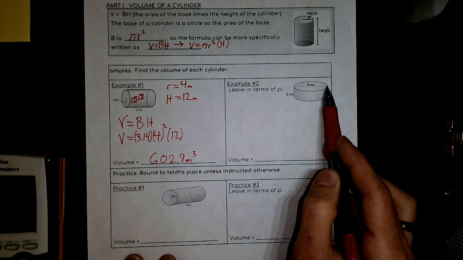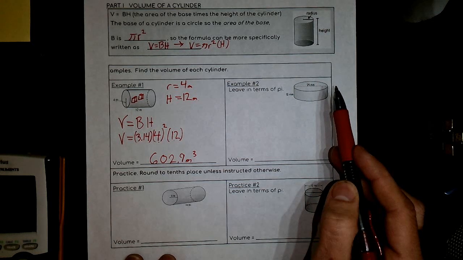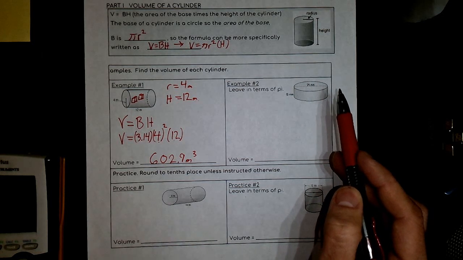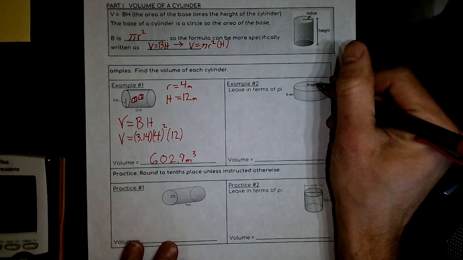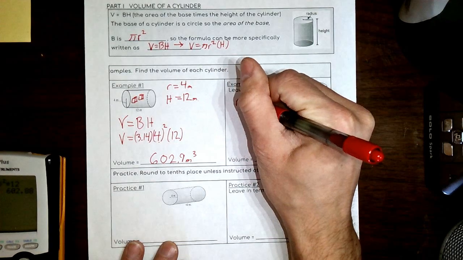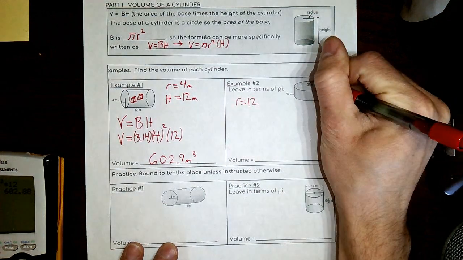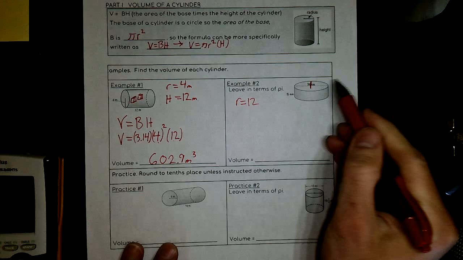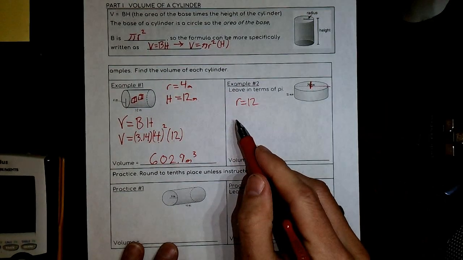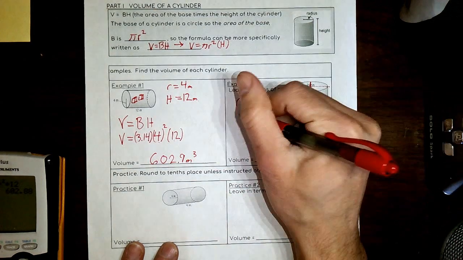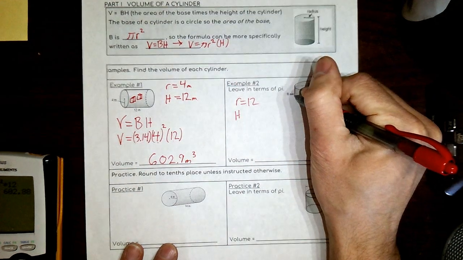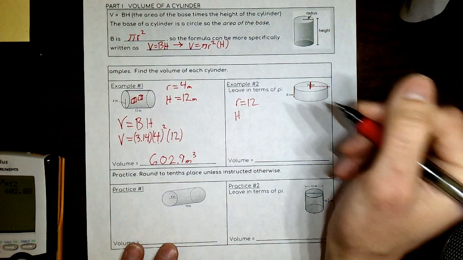So what do we need to do to the diameter? Half it, yeah. Half it's good. So what is half of 24, guys? 12, right? We half the diameter. And then we've got the height, which is still the distance between the circles. In this case, it is 15.